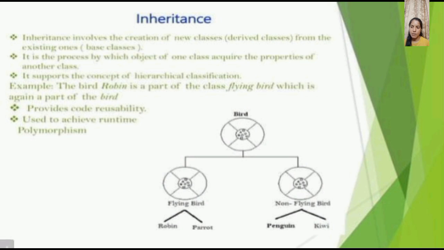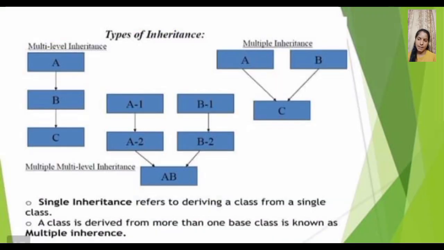Example: the bird robin is a part of the class flying bird, which is again a part of the class bird. It provides code reusability and is used to achieve runtime polymorphism. The types of inheritance are single inheritance and multiple inheritance. Single inheritance refers to deriving a class from a single class. When a class is derived from more than one base class, it is known as multiple inheritance.